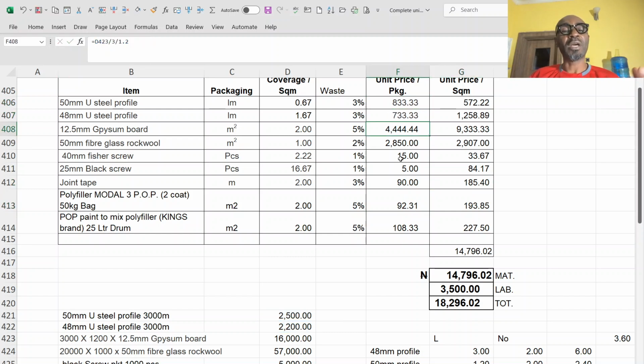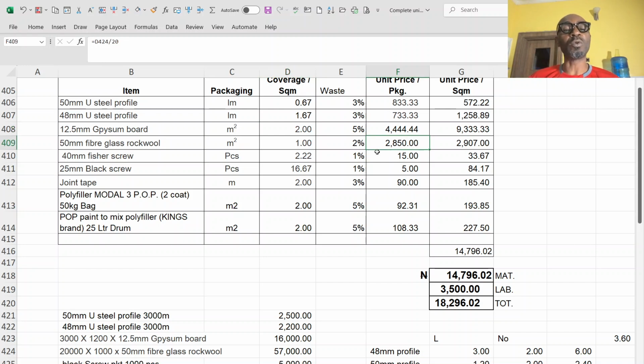Then the board, it's 16,000 for a 3 meter by 1.2. So you divide it by 3 by 1.2 to get the cost for 1 square meter. And because it is double cladded, on both sides, you're going to have 2 square meters, and the cost is 4,400 per 1 square meter.